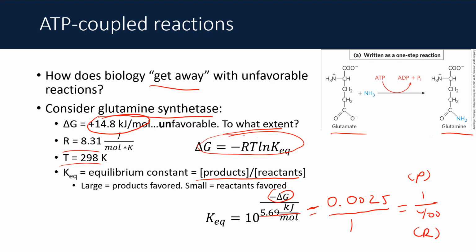And at equilibrium, equilibrium will favor the formation of the reactants 400-fold compared to the product. So this enzyme, without any external help, is going to favor a system that is mostly glutamate.